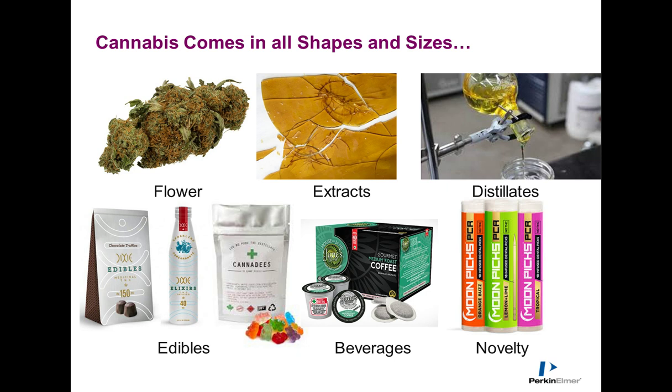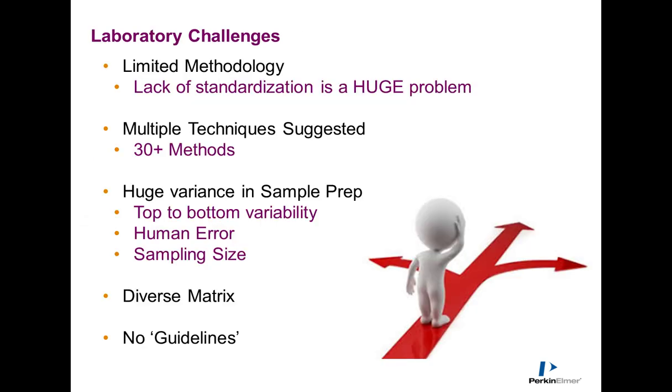Those solvents can be butane, ethanol, CO2, even water at times. But the extracts are often highly concentrated and very homogeneous, so they can be used and incorporated into various products. Below we see an example of edibles, beverages, and even novelty items with THC-infused toothpicks. As a chemist, these can be quite challenging to handle in the lab and to get quantitative data from these very diverse starting points. But it's an exciting time to explore.